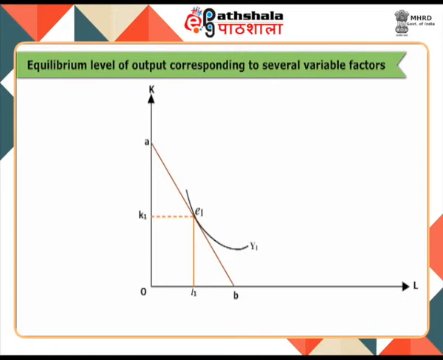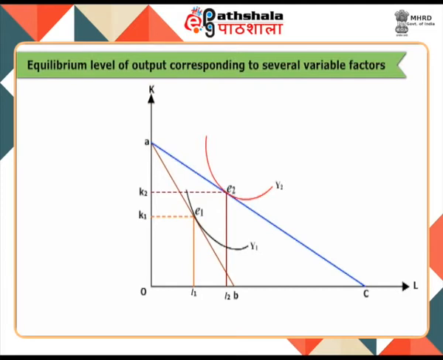Suppose that the wage rate declines from the initial rate W1 to W1 dash. This will rotate the isocost line outward from AB to AC by pivoting around point A, and the firm will produce more output Y2 at the level of capital and labor K2 and L2 respectively. This is shown by the new equilibrium point E2 in the figure.